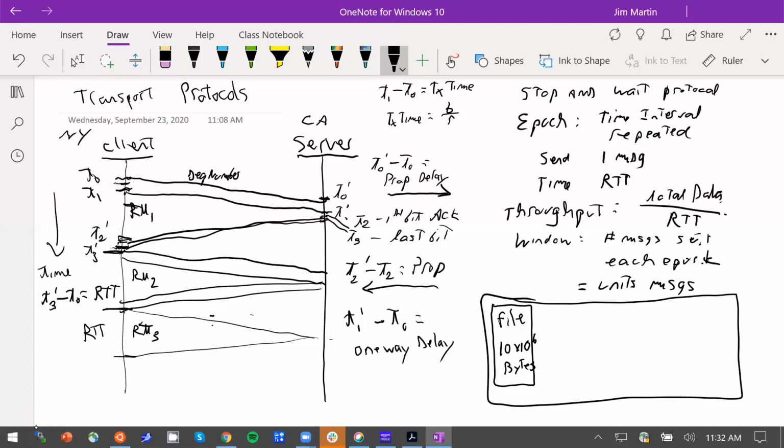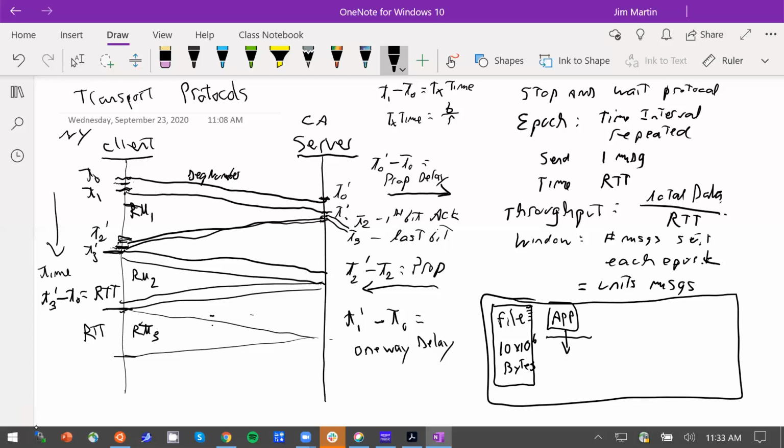And we have an application that creates a UDP socket, and it's going to effectively send that file in tiny little pieces, which are the messages. So let's say that the message length is 1,000 bytes.